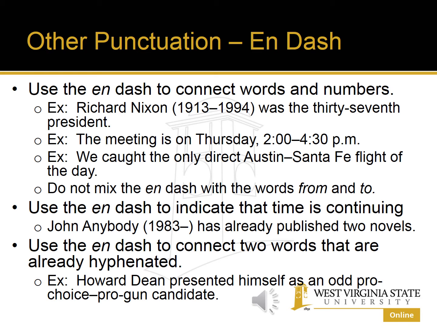Pro-gun is also hyphenated, but then we want to join both of those hyphenated adjectives together to create one gigantic hyphenated adjective before candidate. So we say pro-choice, N dash, pro-gun candidate. And that's, as I said, very rarely used, but that is another example of using the N dash that goes beyond the rule of using an N dash to connect numbers and occasionally words.